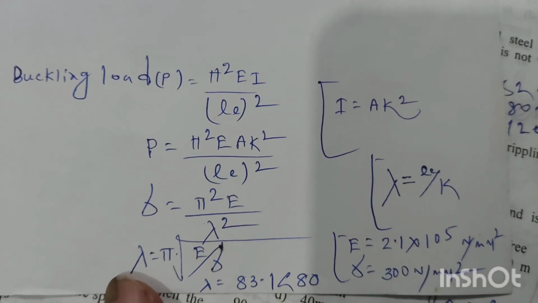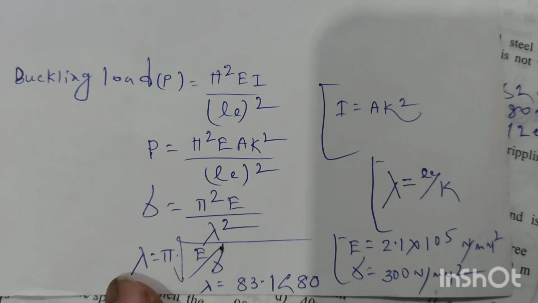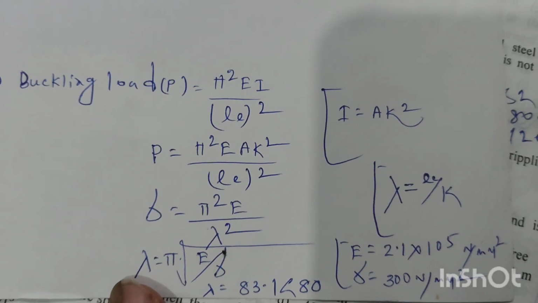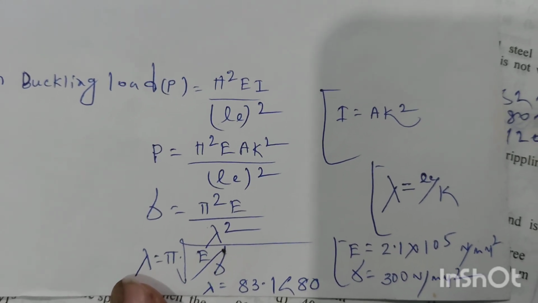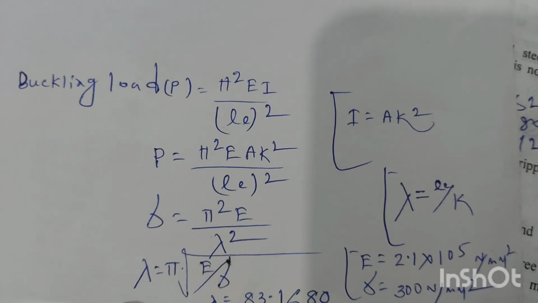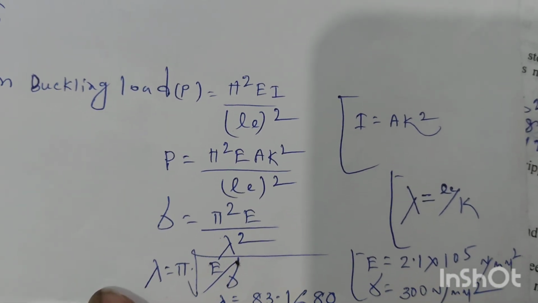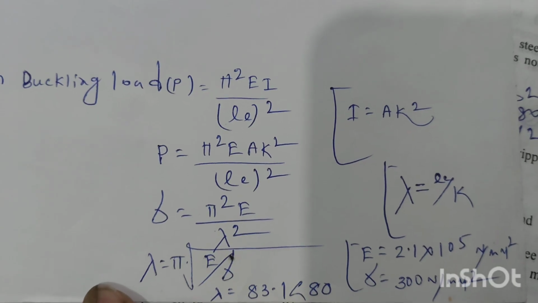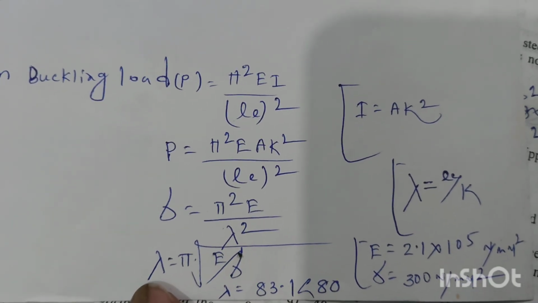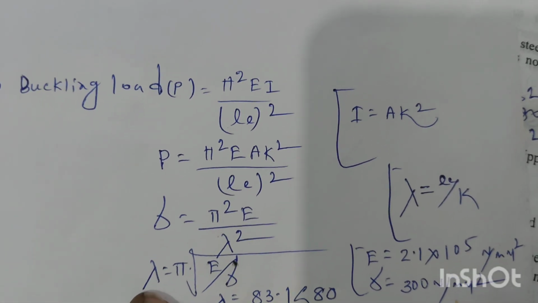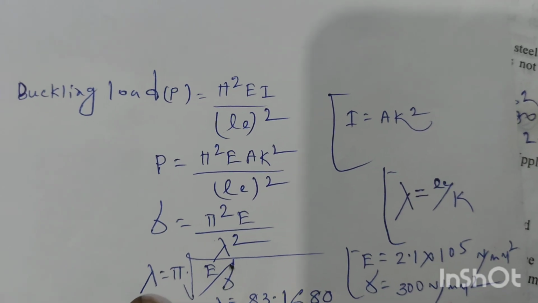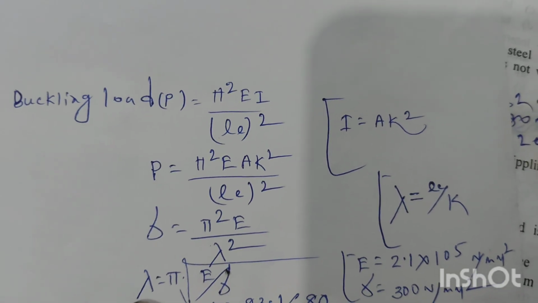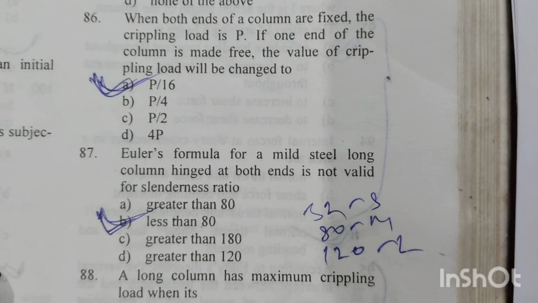E is the modulus of elasticity of the column material, and the column is made of mild steel, so E value will be 2.8 into 10 to the power 5 Newton per millimeter square, and the buckling stress value for the column material will be 300 Newton per millimeter square. After putting all the values in this equation, lambda will be equal to 83.1, which is more than 80. If the slenderness ratio is less than 80, Euler's formula will not be valid for MS column. And B is right answer.